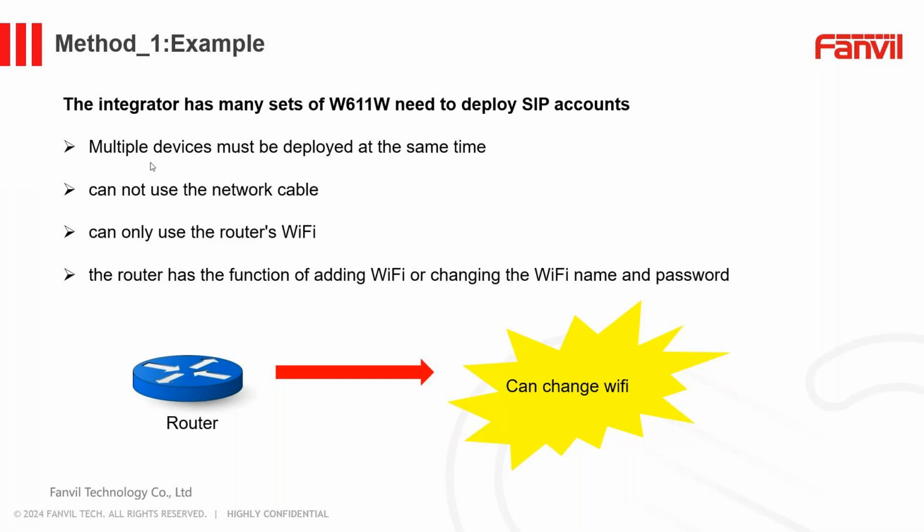So you cannot modify each device with its Wi-Fi configuration, including the SSID and password. However, the router can be modified to change the Wi-Fi settings or add another Wi-Fi ID to it, including its name and password.